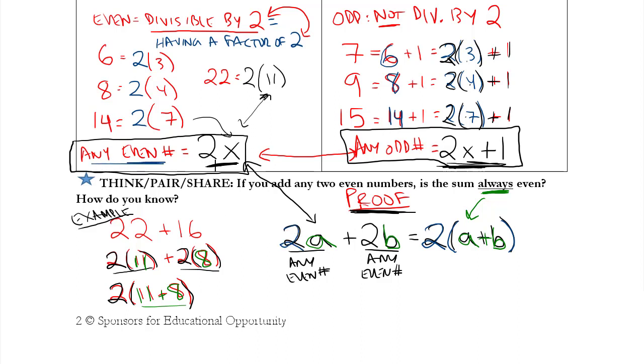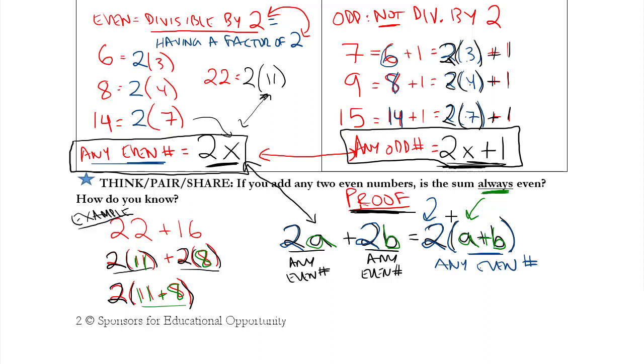Any even number is 2 times whatever, okay? So this even number is 2a. This is an even number because it's 2b. And since it equals 2 times something, it doesn't matter what a plus b is, we know that this whole expression, we don't know what number it is, right? But we know that it is also an even number. So that's our proof.